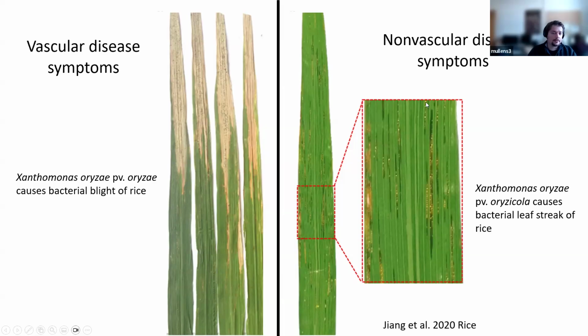And non-vascular pathogens in this particular situation are typically referred to as bacterial leaf streaks, whereas the vascular pathogens are typically called blights, like bacterial blight of rice. And it's a pattern that is somewhat conserved across different bacterial pathosystems.